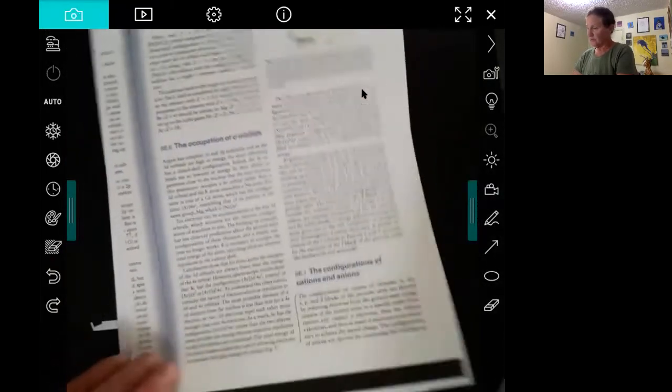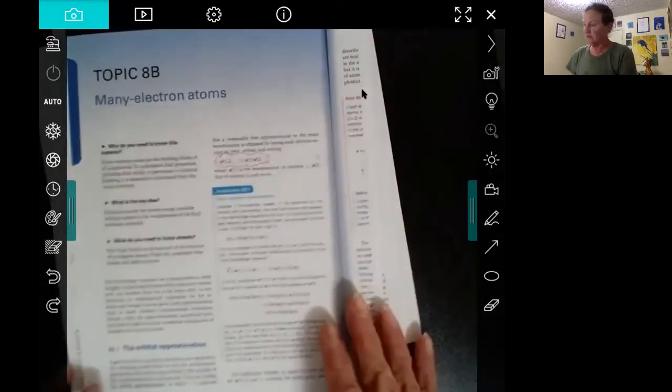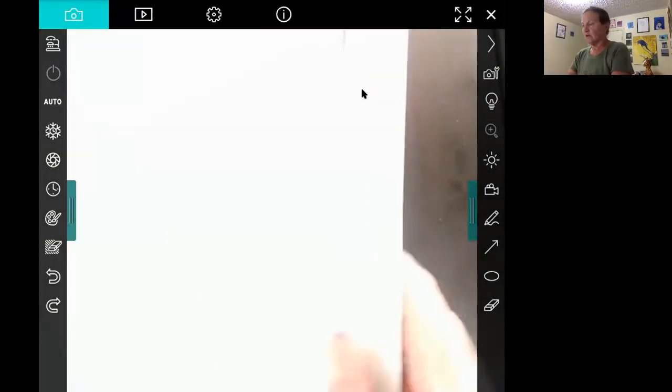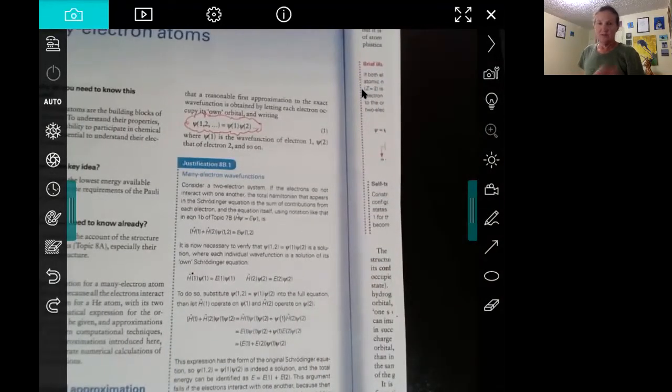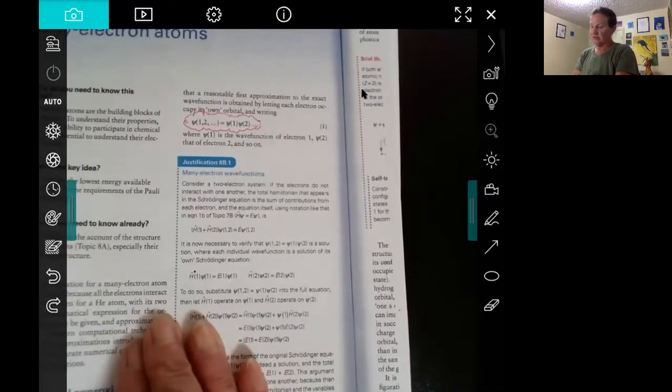So what we're going to do, which is what everybody does, is use the orbital approximation. The orbital approximation says that we're going to neglect that interaction term, and we're going to assume we can just solve Schrodinger's equation for each electron independent of the other.